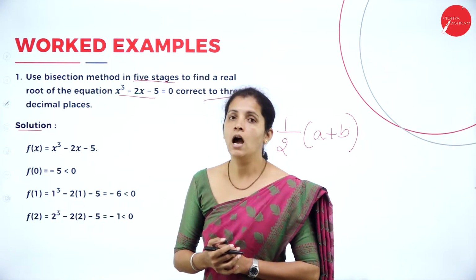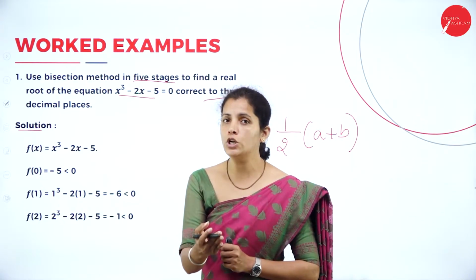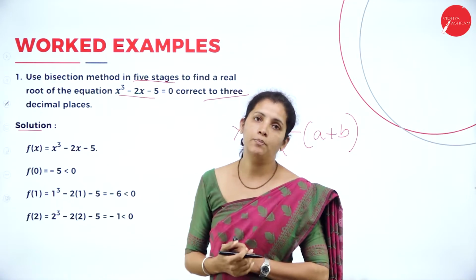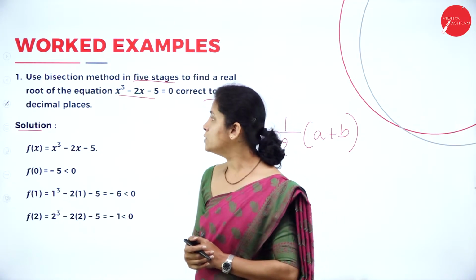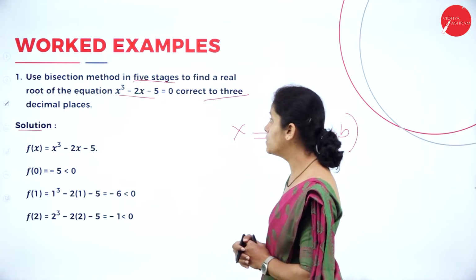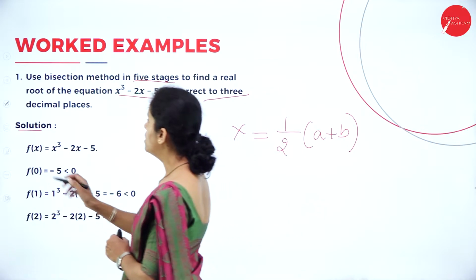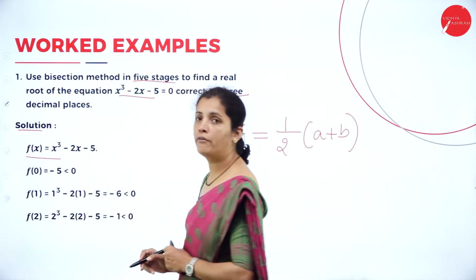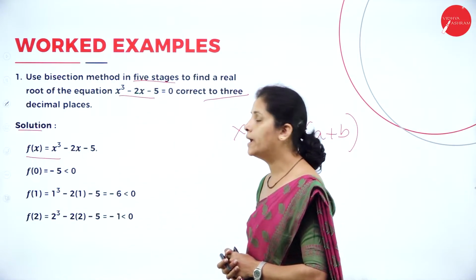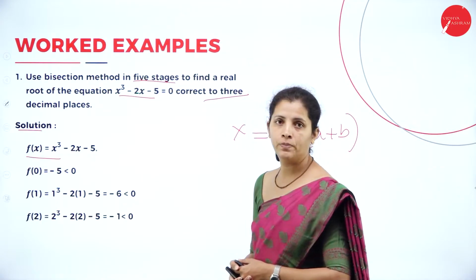In the sense, I want to start by substituting x value equal to 0, 1, 2, 3 and so on. At the beginning, I want to write this equation in the form of f of x. So, I will write f of x equal to x cube minus 2x minus 5.